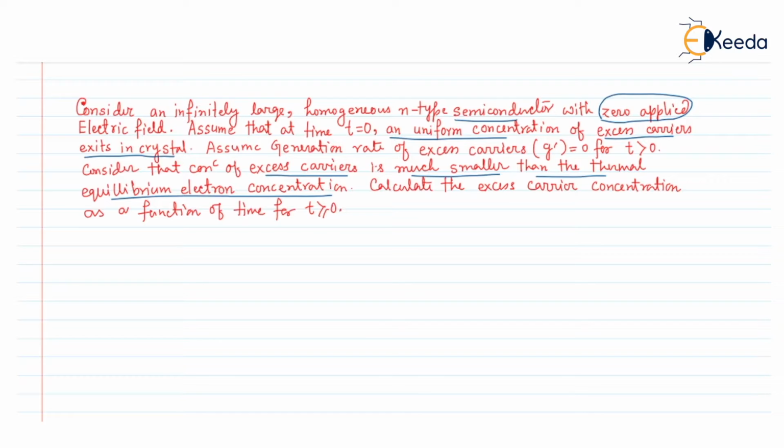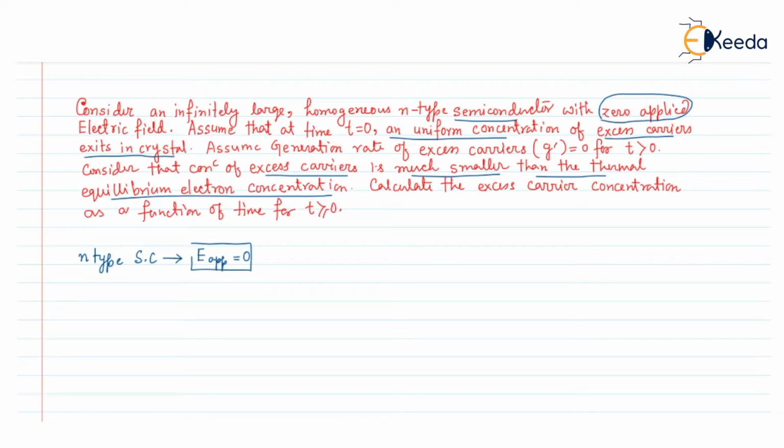In the given example, we have an n-type semiconductor, and in this n-type semiconductor it is given that there is zero applied electric field, so we can say that the applied electric field is equal to 0.